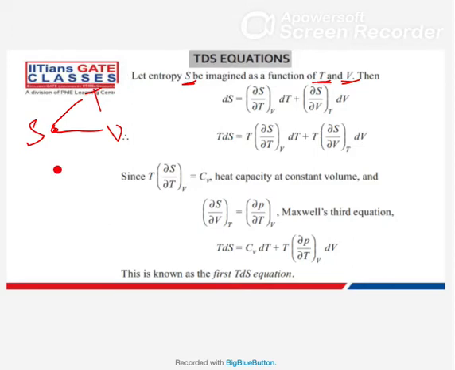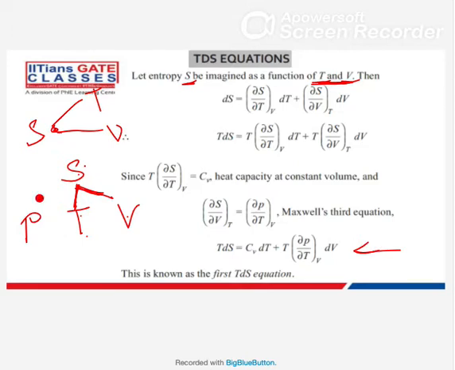Basically we have entropy, pressure, temperature and volume. First let's consider temperature and volume: S is a function of temperature and volume. With this we'll get one TdS equation.